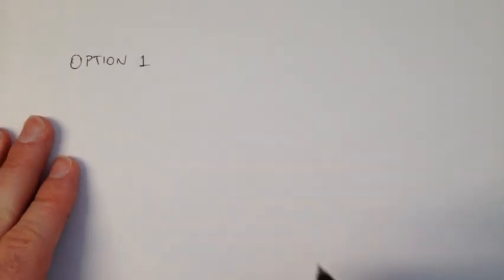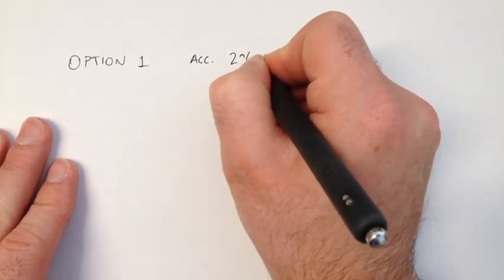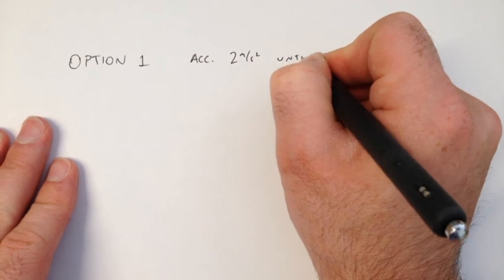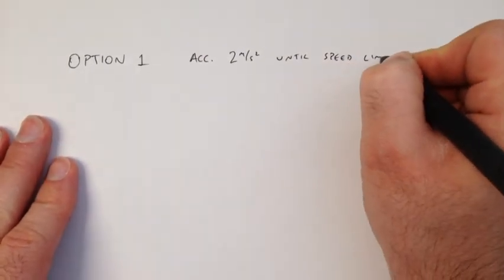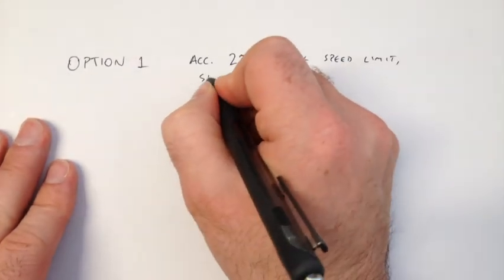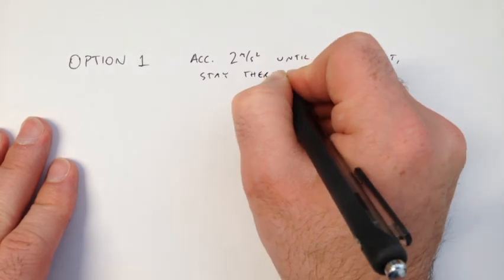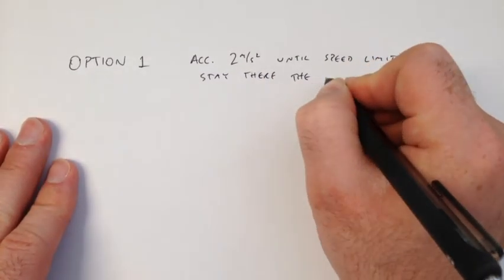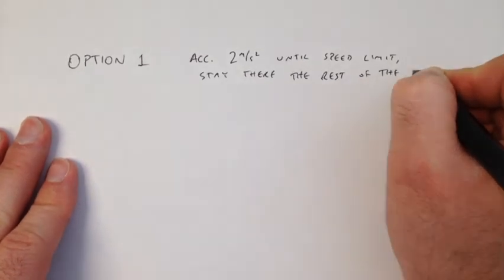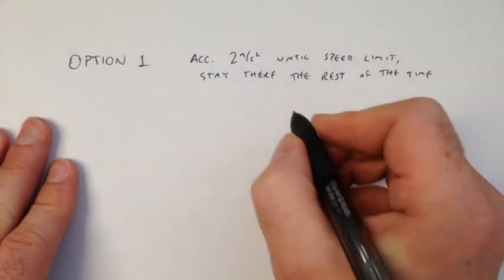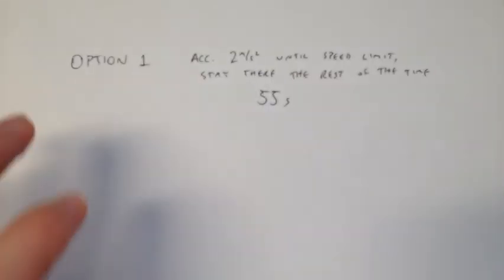Option 1 is accelerate at 2 meters per second squared until the speed limit and just stay at that the rest of the time. That takes 55 seconds. Okay.